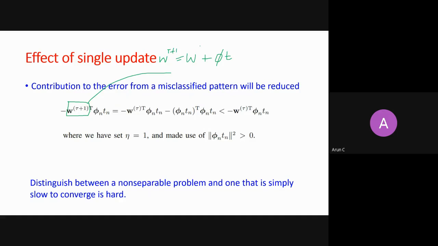Tau here is just like the time. So this is your old W. You keep this old W here in the equation. So it is saying new W transpose phi and Tn, right? So you have just replaced this W here.